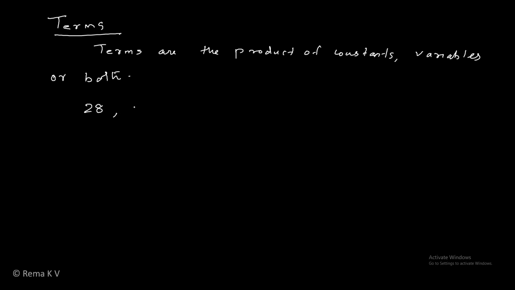Now another one is xy. Here this is a product of the variable x and y. X is a variable, y is another variable. If we find the product of these two, this can be considered as a term. Now another one, minus yz.